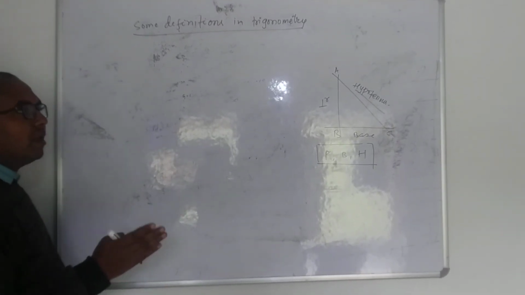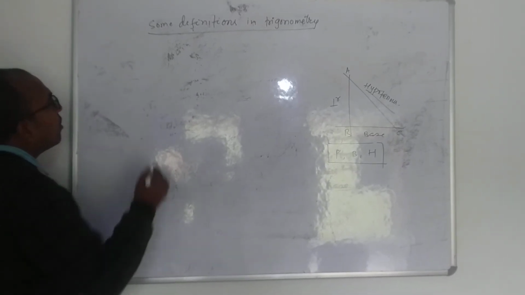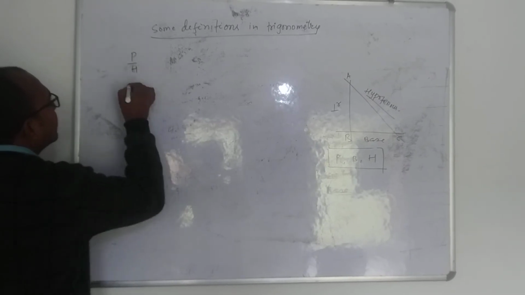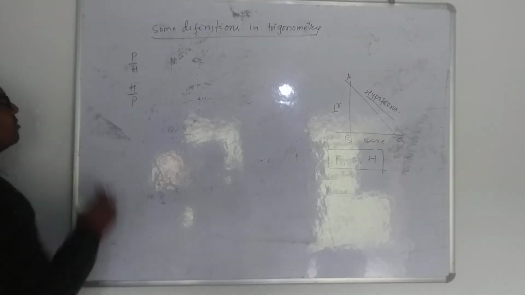From these three sides, six possible ratios can be made, and they are what? P upon H, and H upon P, just the reciprocal of this one.